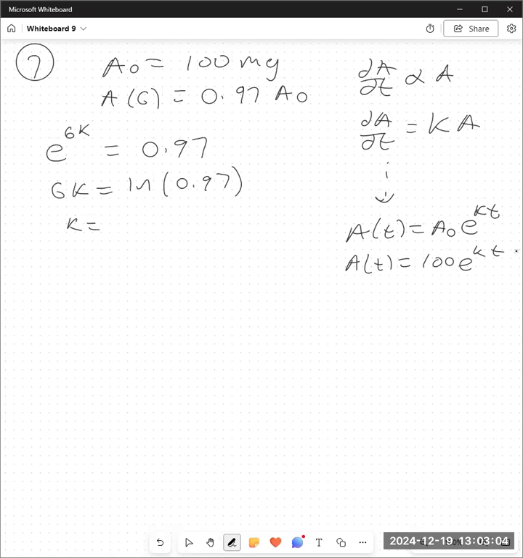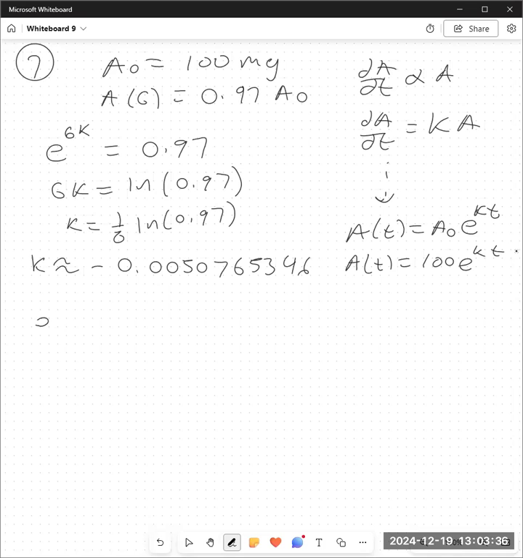And k is equal to 1/6 ln of 0.97. So k is approximately negative 0.0050765346.